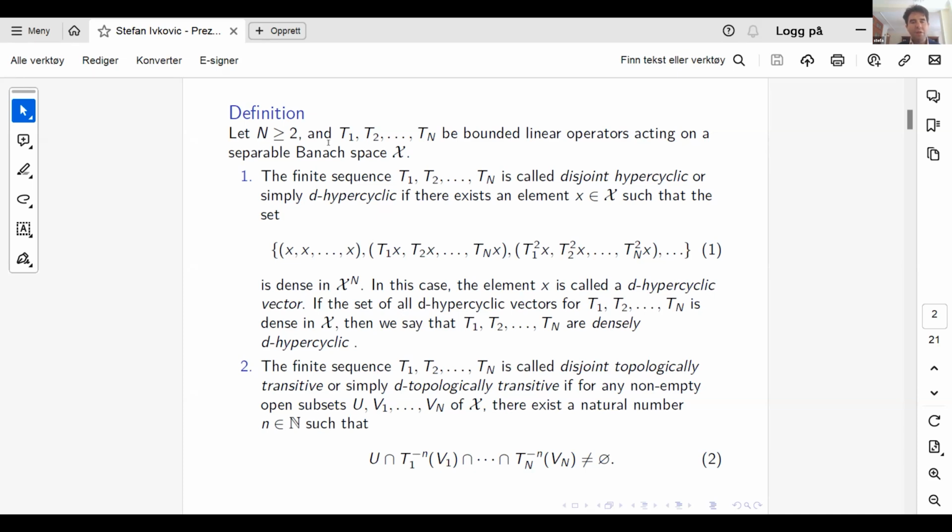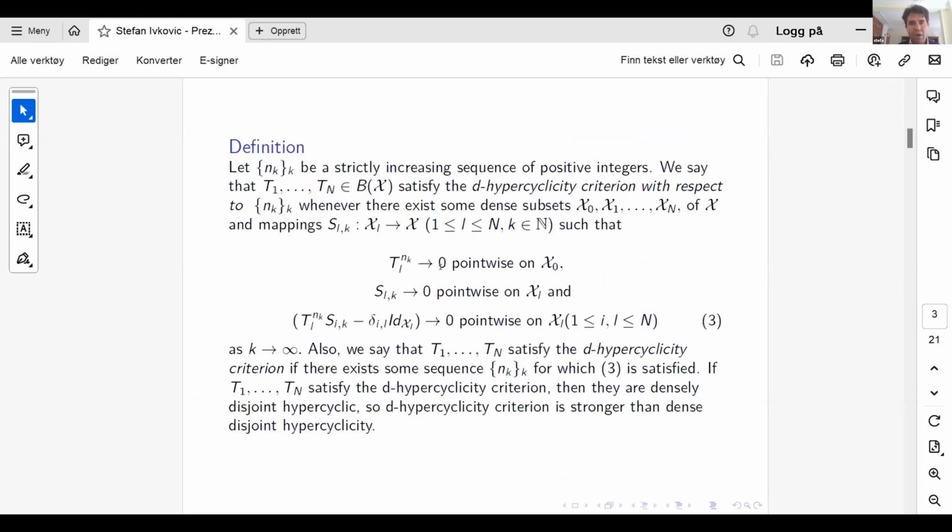It turns out that in the case of separable Banach spaces, these two notions are equivalent. However, the notion of topological transitivity also works for general topological vector spaces.